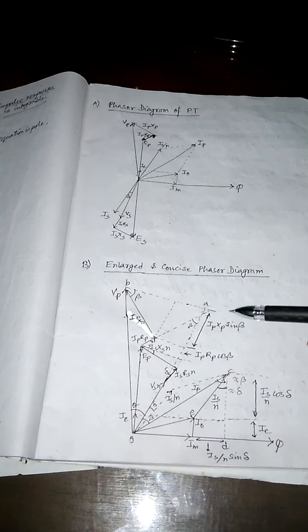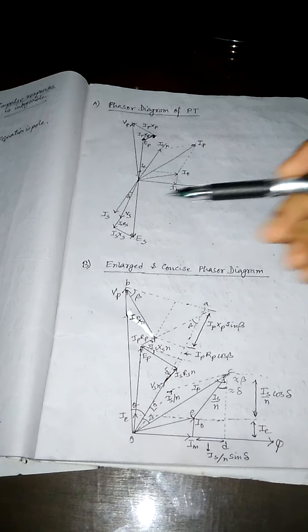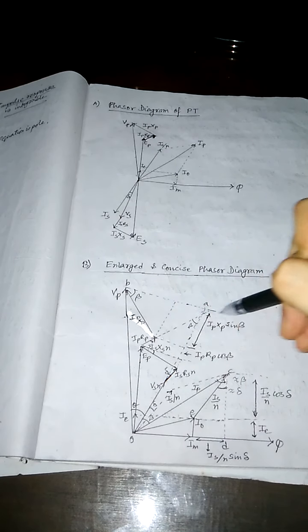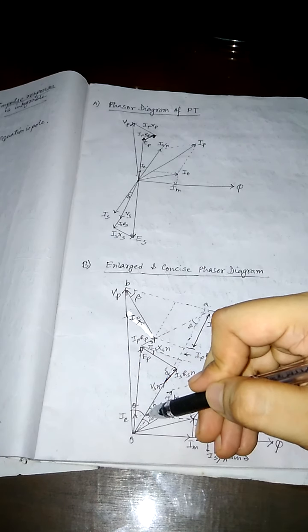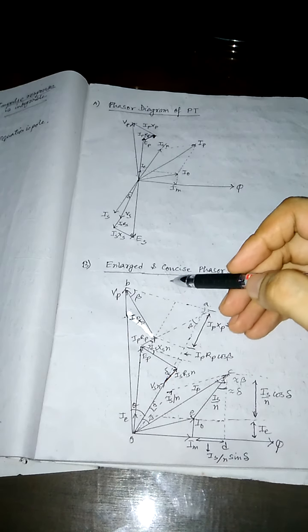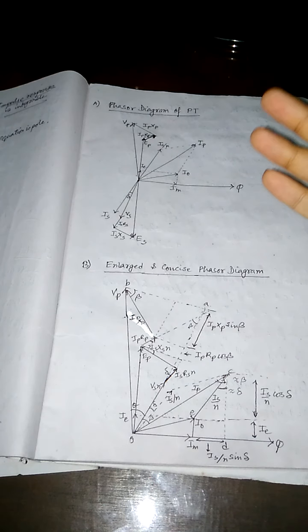If we are considering this with respect to the term VP, this is a triangle OA, AB and OB. This is a triangle. So as this is VP, there is an angle theta between this line and this line. So obviously we are considering OA as VP cos theta, as this is theta.